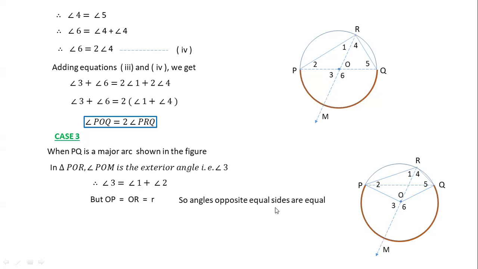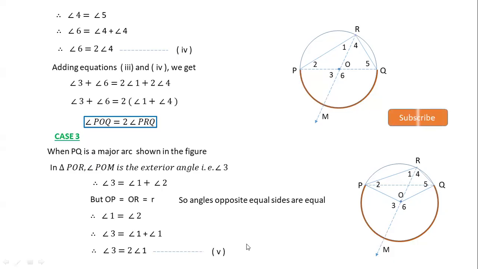So angles opposite equal sides are equal. So angle 1 is equal to angle 2, which means angle 3 is equal to angle 1 plus angle 1, that is angle 3 is equal to 2 angle 1. Let us call this the fifth equation.